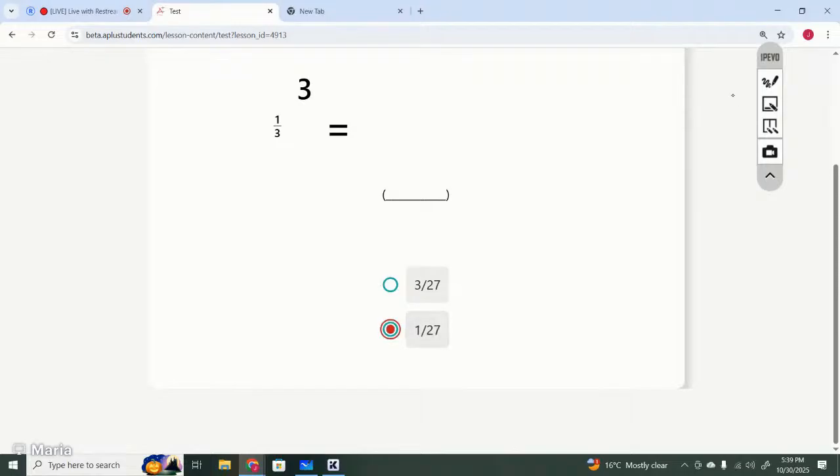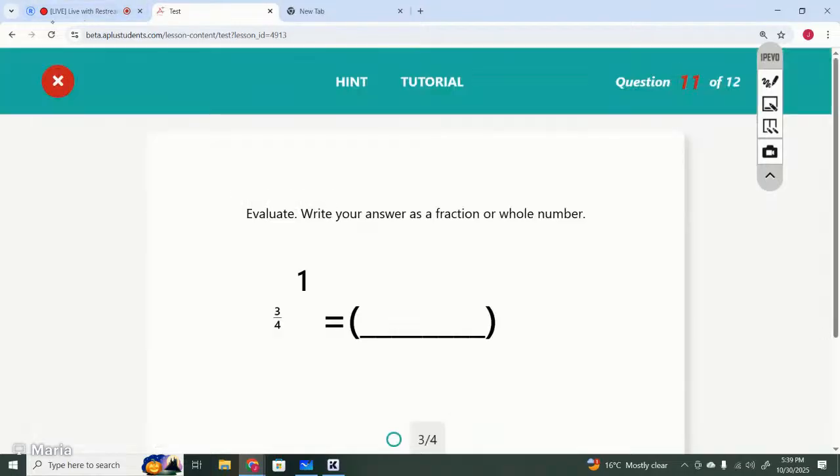That is 1 by 27. Option number 2 is the correct option.